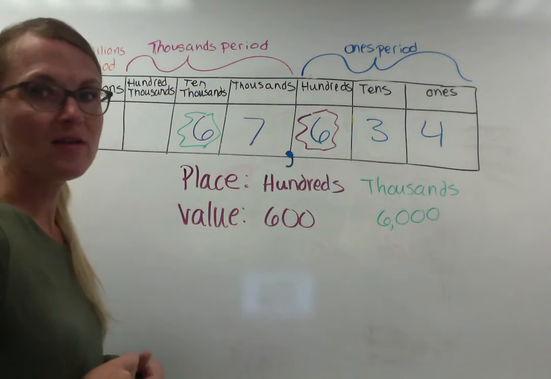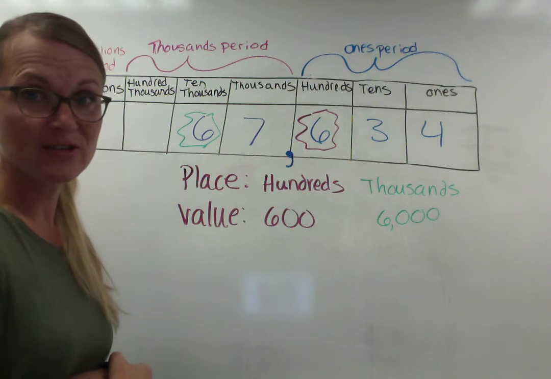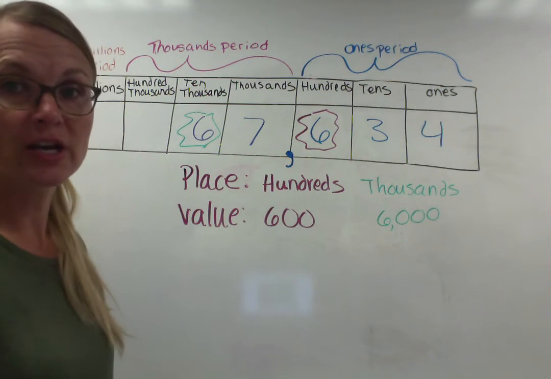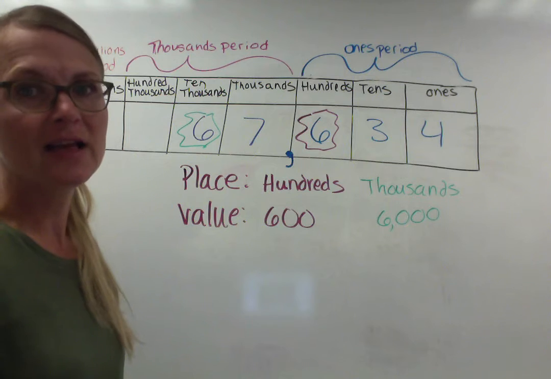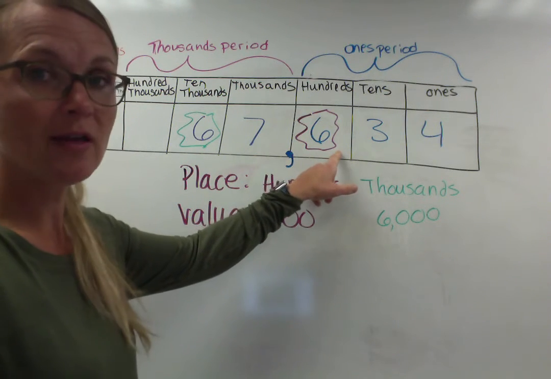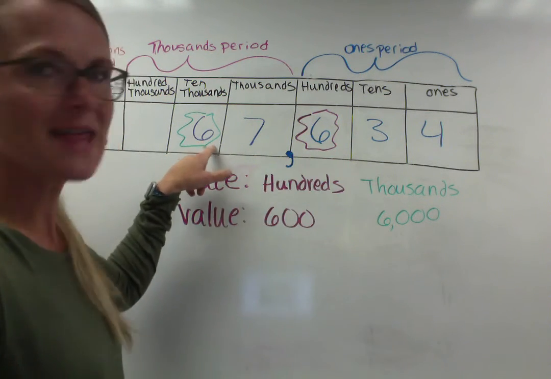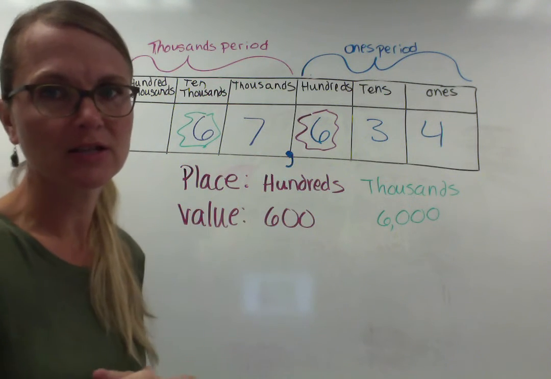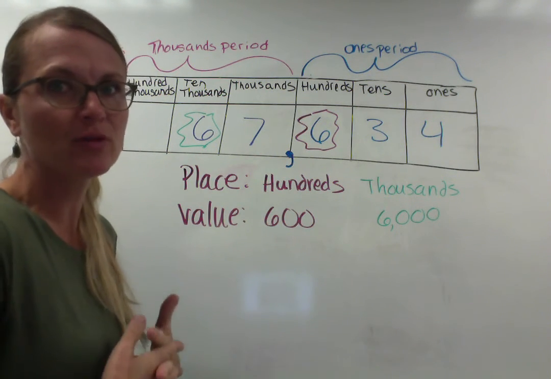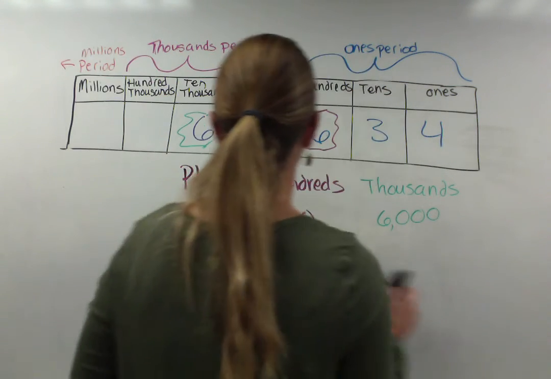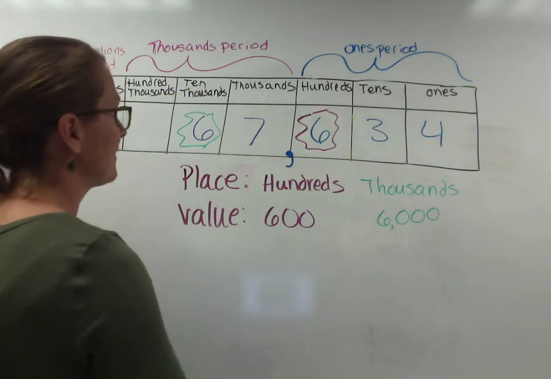So even though those two digits are both sixes, because they're in a different place, they have a different value. Would you rather have $600 bills or $6,000 bills? I'd rather have the $6,000 bills. The 6,000s are worth more than the 600s.